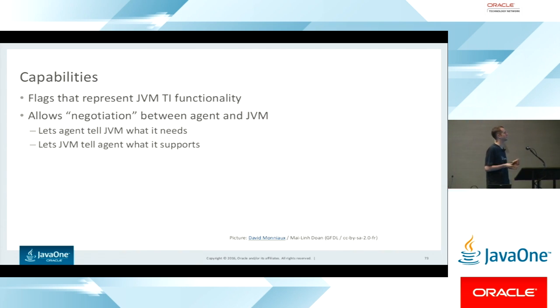Very often, a lot of JVMs can run with a subset of all the possible options that they're capable of using. So an agent will say that these options are required, and it will refuse to load if it can't get them. But other capabilities, if they're available, that's nice, and it'll use them, but otherwise it can live without them.